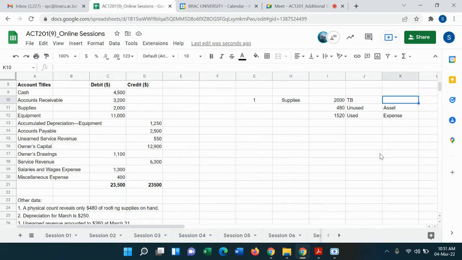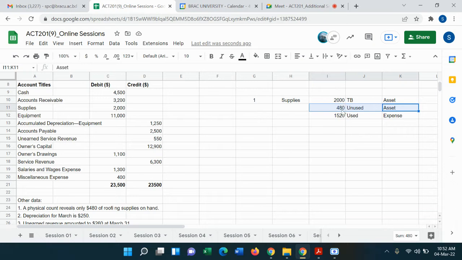So supplies is what type? Asset. So asset has been recorded at 2000. What should be the amount of asset in the trial balance? 480, because 480 is unused.